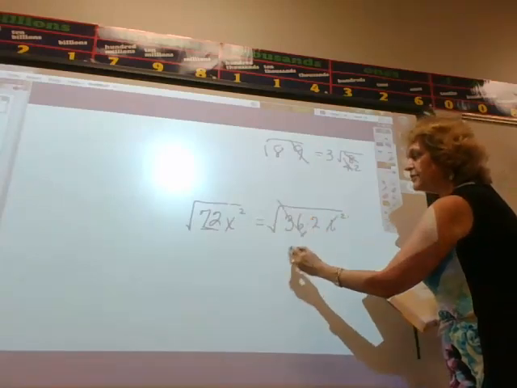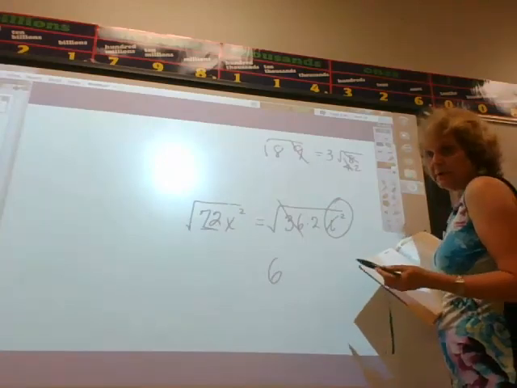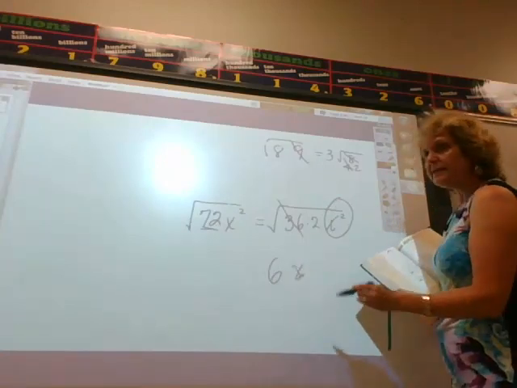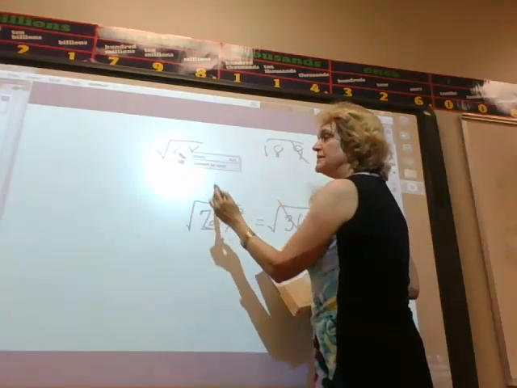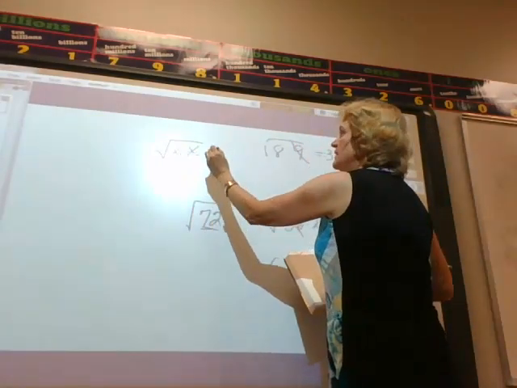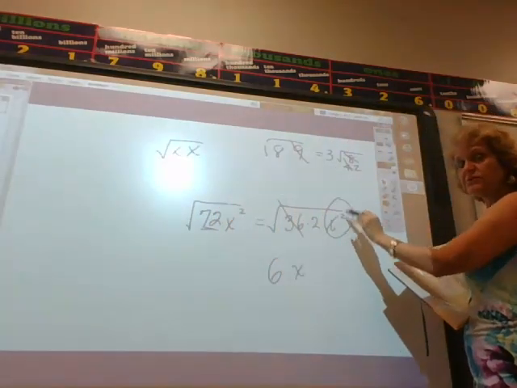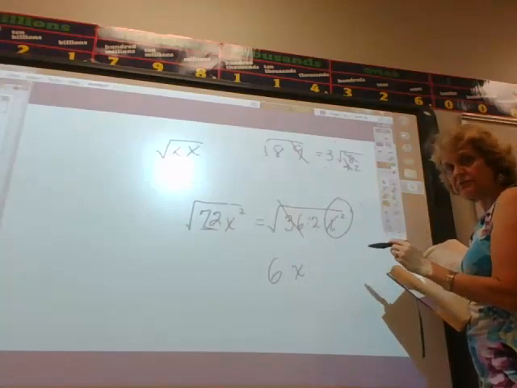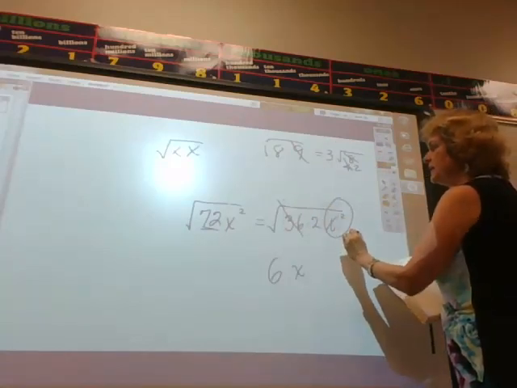Okay, so radical 36, 6 comes out. Now what about the square root of x squared? Well, x would come out, wouldn't it? Because what is it saying? The square root of x times x. So if I have 2 of them, one of them comes out. So anytime there's an even exponent, you take half of those factors out. All right, so that takes care of the 36, the x squared.